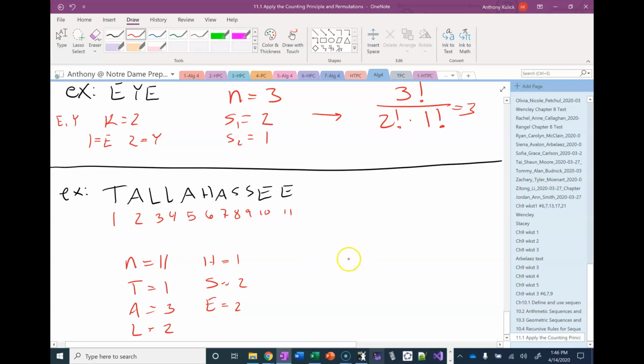So my number of distinct permutations is going to be 11 factorial over 1 factorial, but I don't really need to write that because 1 factorial is just 1. 3 factorial times 2 factorial times 1 factorial, which I'm not going to bother to write, times 2 factorial times 2 factorial. And then I'm going to just go to my calculator and type this in.